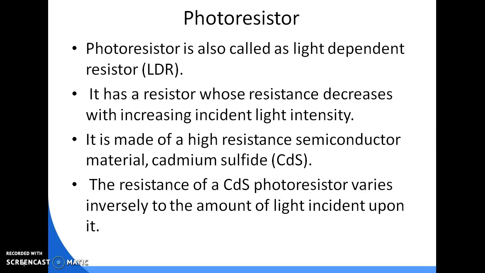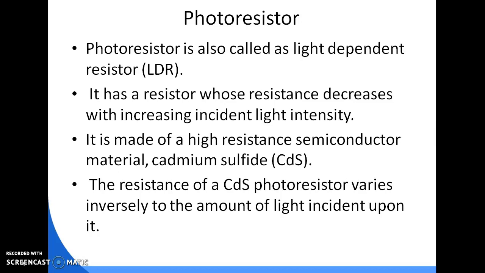Means as light is incident on the plate of the photoresistor, due to the light energy, the degree of randomness of the atoms will increase, which results in an increase in the flow of current, which will decrease the resistance. This principle is used in the photoresistor.